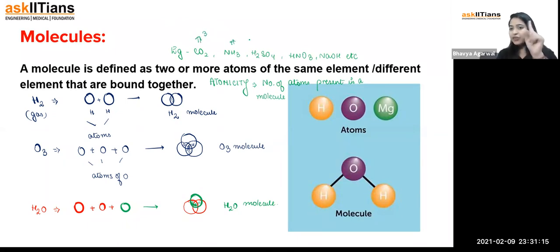Ammonia has 1 nitrogen atom and 3 hydrogen atoms, a total of 4 atoms. Sulfuric acid has 2 hydrogen atoms plus 1 sulfur plus 4 oxygens, so the total atoms present in 1 molecule of sulfuric acid is 7. So its atomicity is 7. This is what we mean by atomicity. Different molecules have different atomicities.